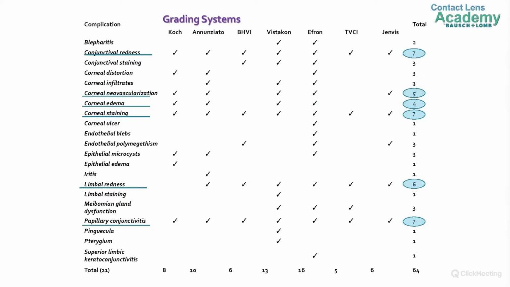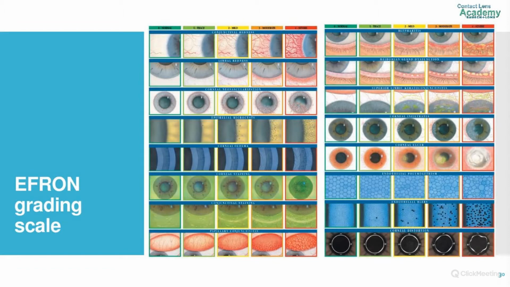Therefore, when we look closer at the Efron scale, as you see, there are 16 positions: 1, 2, 3, 4, 5, 6, 7, 8, multiplied by 2, where you can evaluate. And here is green, light green, yellow, orange, and red.